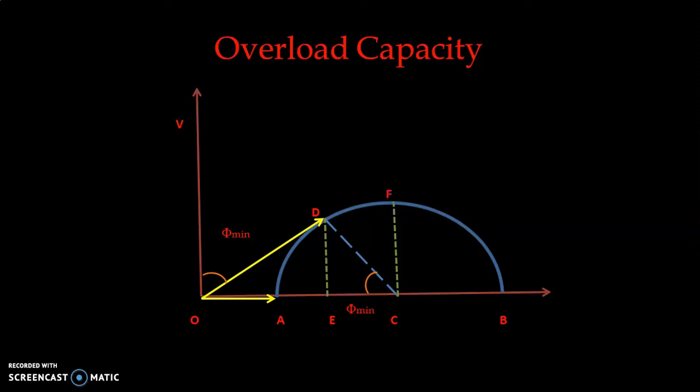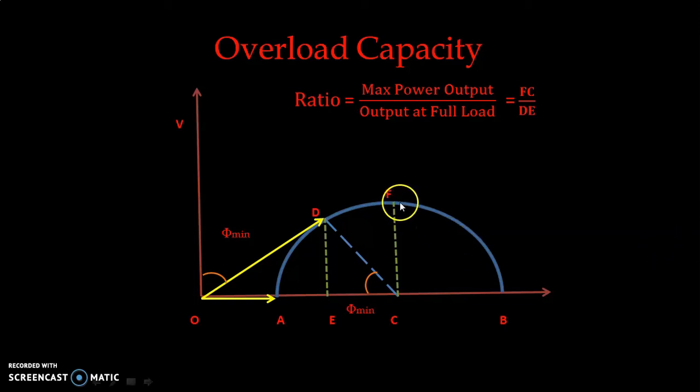So if we now need the overload capacity of a particular machine, then it is a ratio of maximum power output to output at full load. From the circle diagram we can see that FC is the maximum output power, and DE is the output with respect to full load.